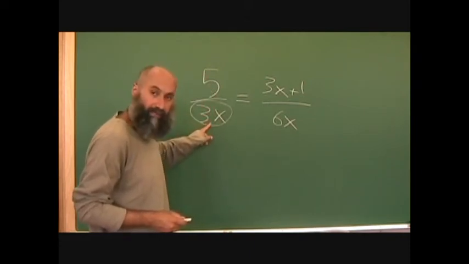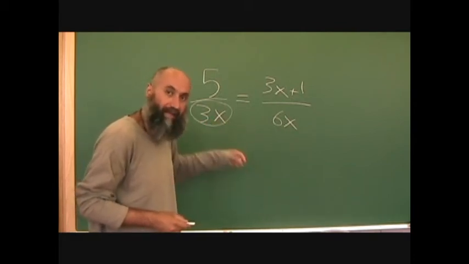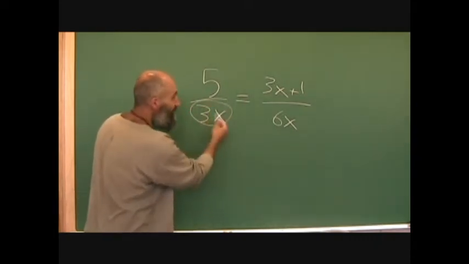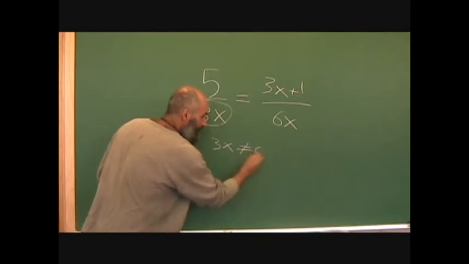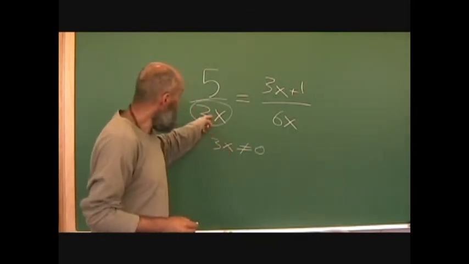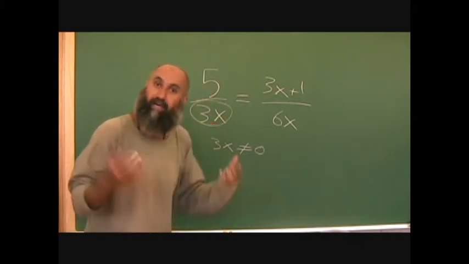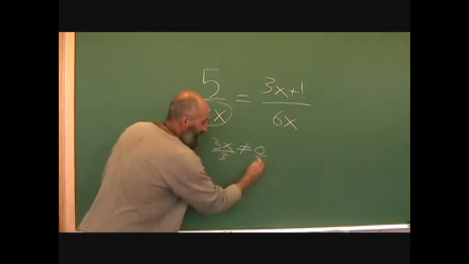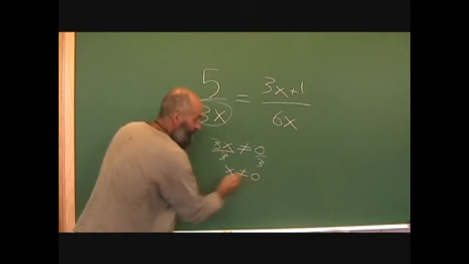So we solve for this not equaling 0, and that will be our restriction. We take the denominator and say 3x cannot equal 0, because if 3x is equal to 0, that means the denominator is equal to 0, and we're dividing by 0, and we cannot divide by 0. So if you divide by 3, 3 equals 3, so x cannot equal 0.